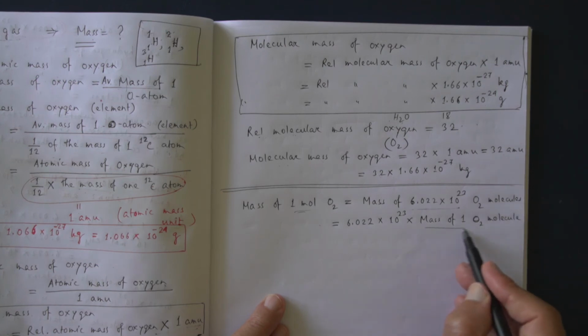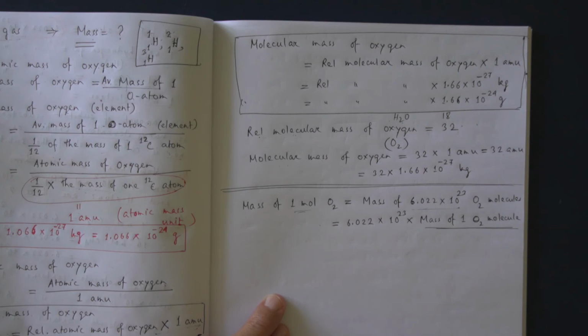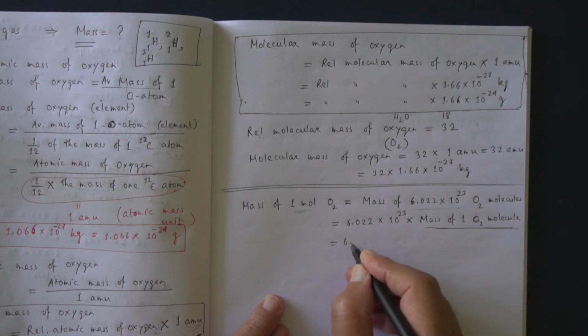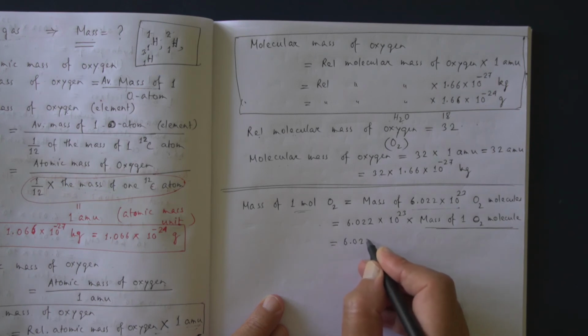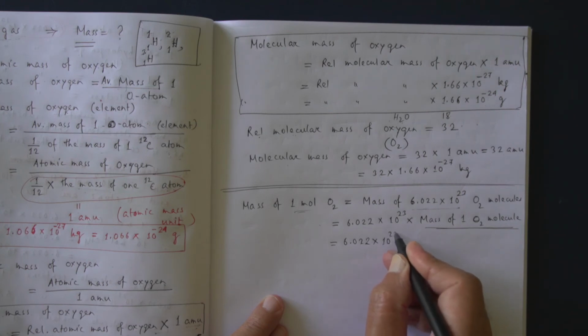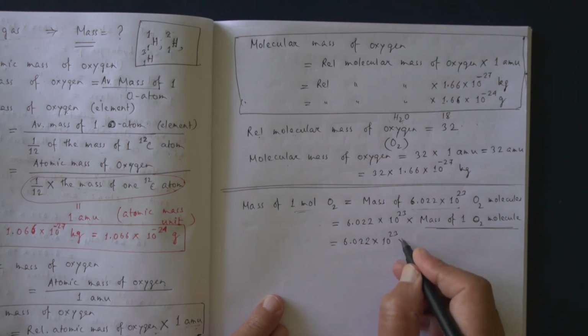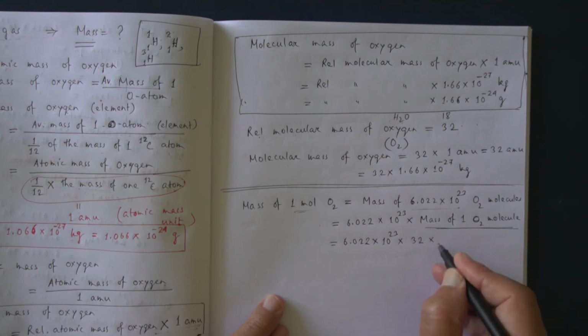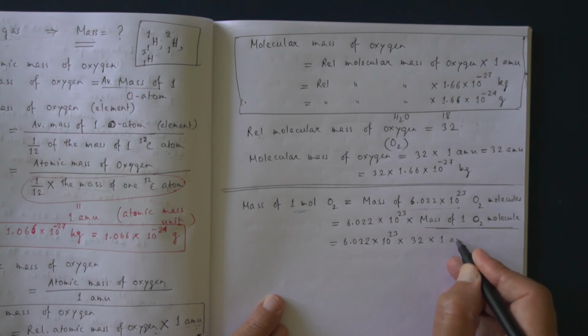Mass of 1 oxygen molecule is 32 into 1 AMU.